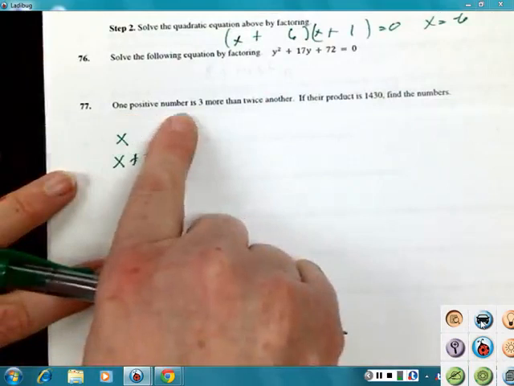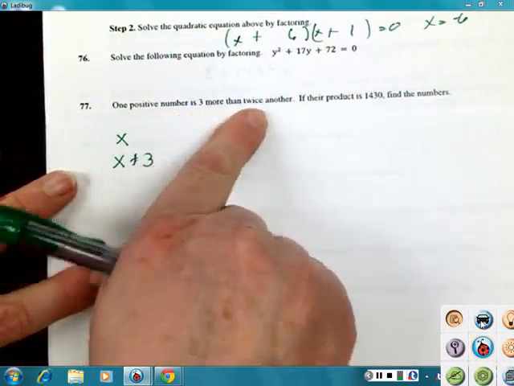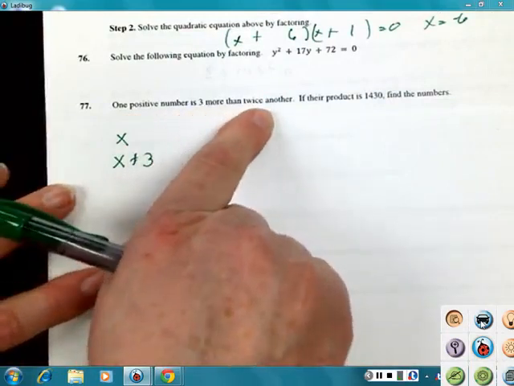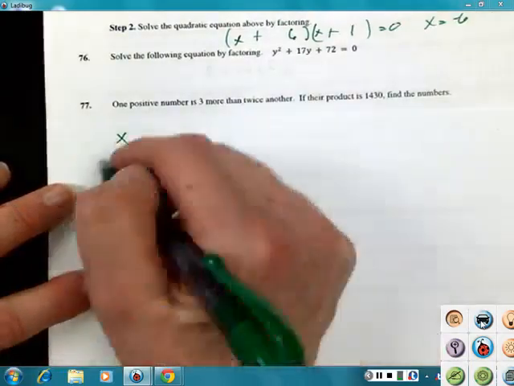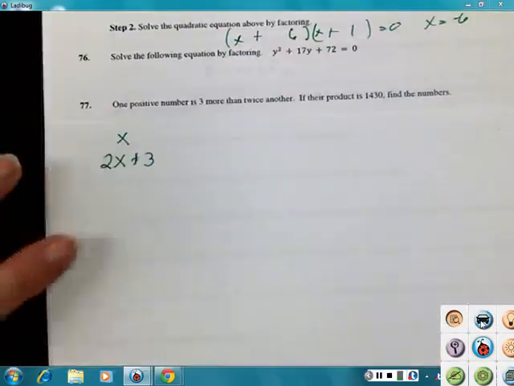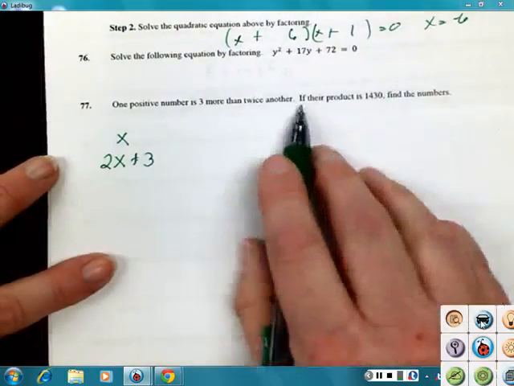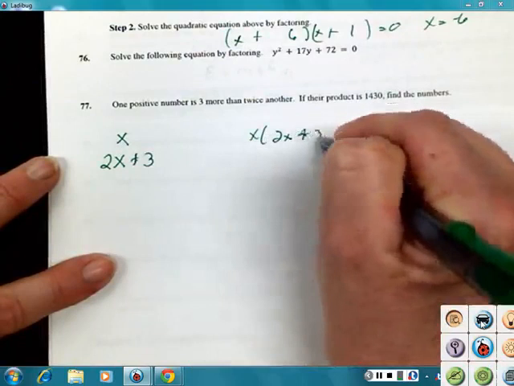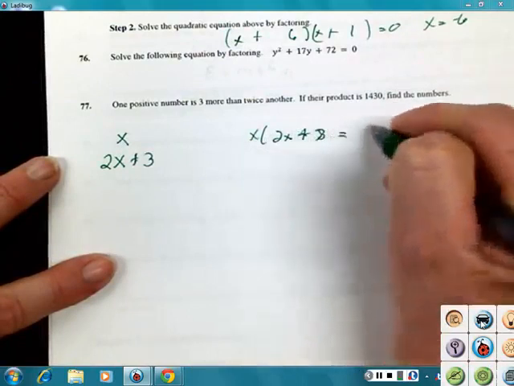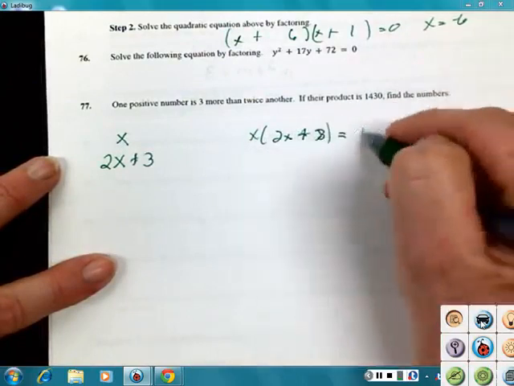One positive number is 3 more than twice another. What does that mean? I got my 1 number, so I need a 2 there somewhere, don't I? Because I got twice. So I need a 2 right there. And then it says their product, so that means x times 2x plus 3 is equal to 1,430.